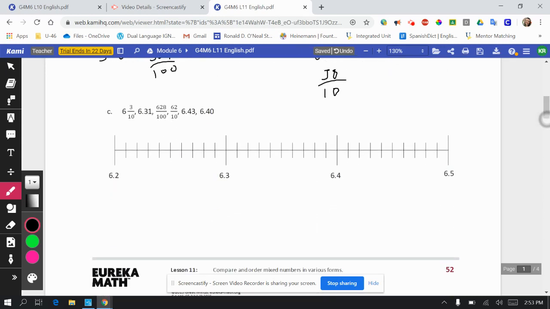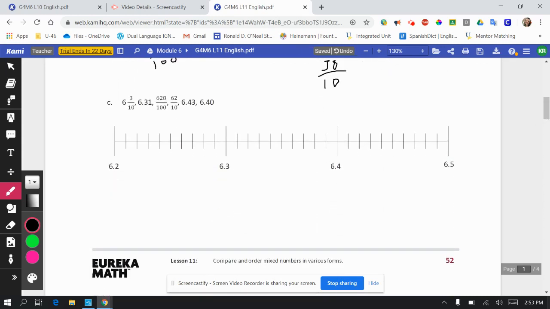All right, letter C. Now, before I get started with letter C, I'm going to go ahead and label down below. 6.2 could be 6.20. 6.3 could be 6.30. 6.4 could be 6.40. Last 6.50. This is just going to help me think flexibly. All right.